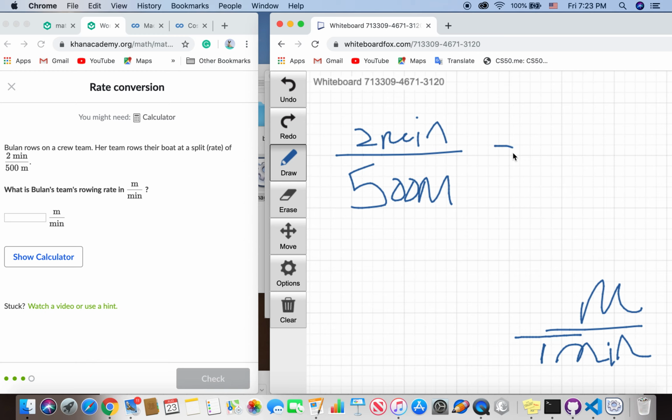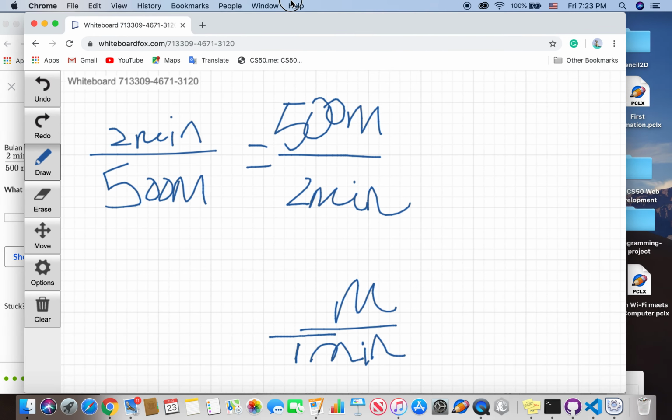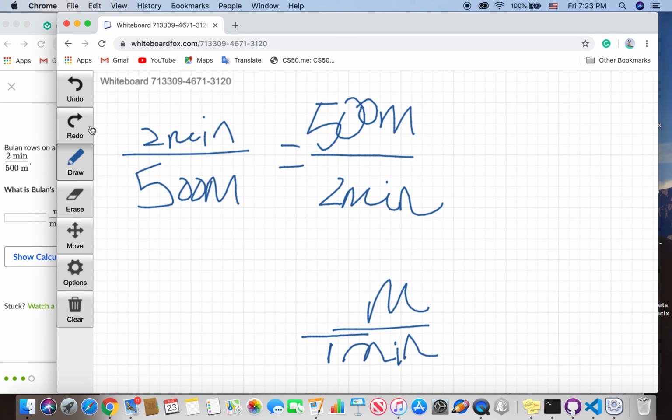So I'm going to write this upside down a little. Since this just represents a rate, it doesn't necessarily have anything change at all. And then we want it to become 1 minute, so I need to divide by 2 on both sides, both top and bottom.